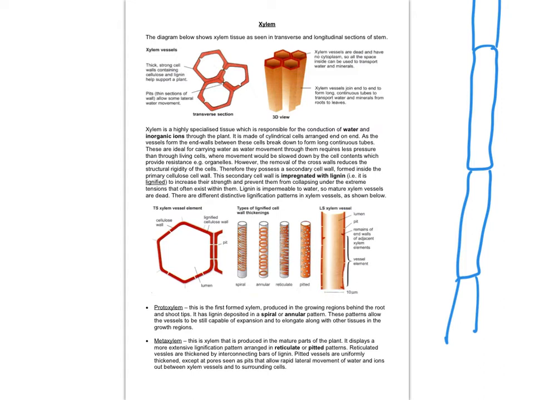Okay, so lignin is a waterproof chemical, and so when these cells were being made and developed, the lignin was deposited in the walls of the cells. So the side walls of these cells became lignified. Now, I said it's waterproof. If I covered you in a plastic bag, what's going to happen to you?